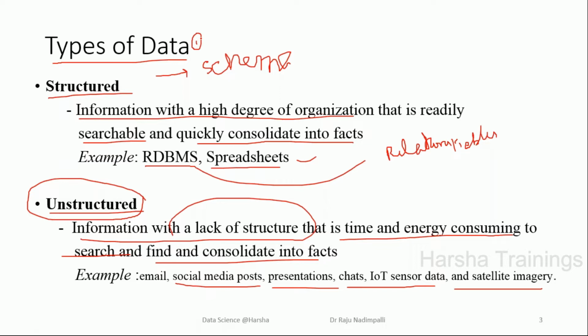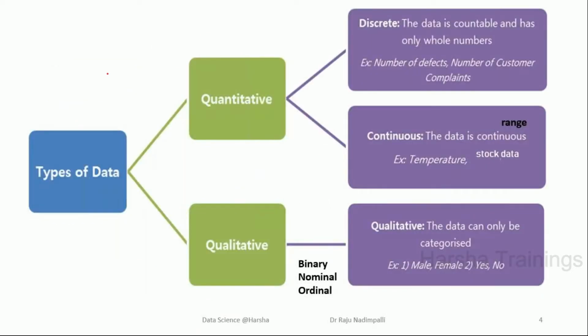But in data science and machine learning applications, we classify the data in this way. One is quantitative data, where we represent the data in numeric form. Another kind of data is called qualitative, where the data is represented in categorical form.